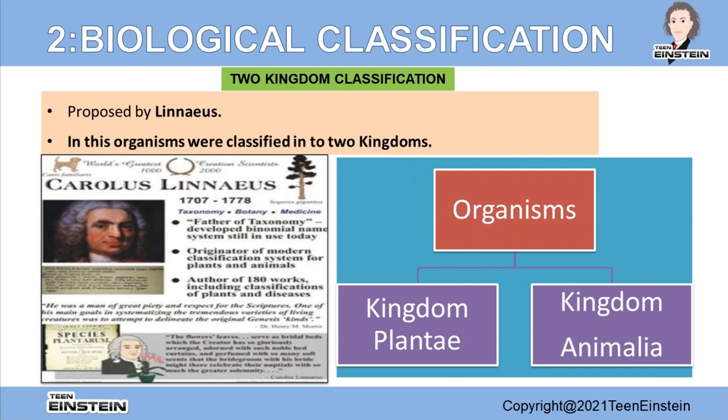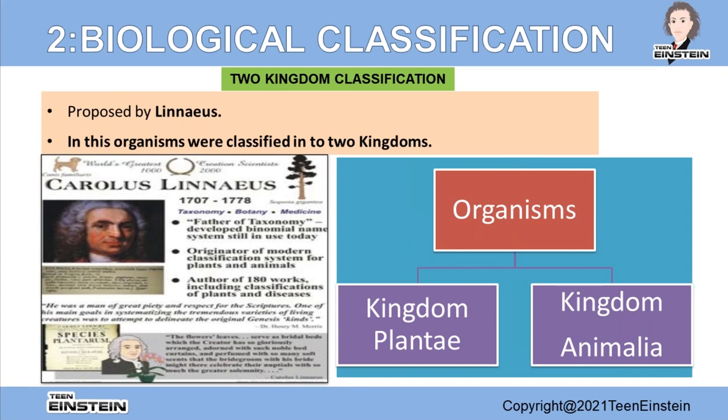Linnaeus classified living organisms into two kingdoms. The first is kingdom Plantae and the next is kingdom Animalia. He classified all plants under kingdom Plantae and all animals under kingdom Animalia. Thus he made the two kingdom classification.